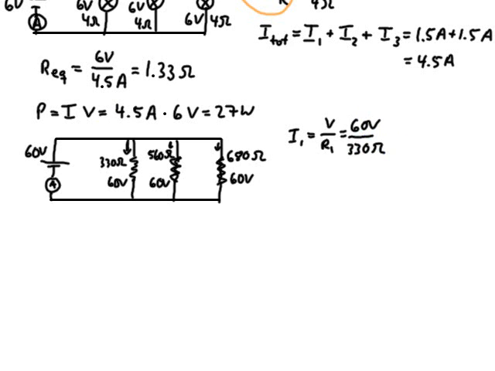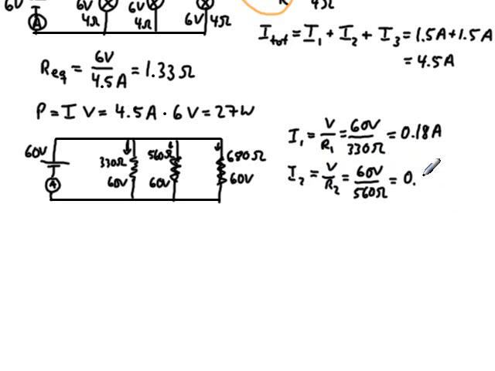And I do that separately here. I come up with 0.18 amps. Then the one in the middle, I2, equals voltage divided by the second resistance, 60 volts divided by 560 ohms. That looks like a little bit more than 0.1 amps.